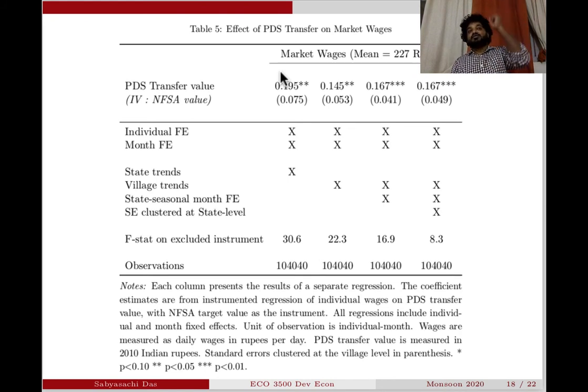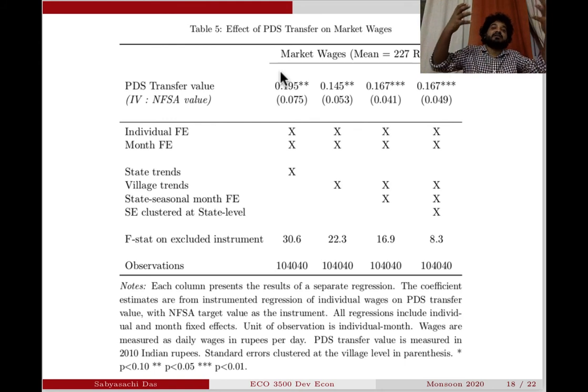So it reduces labor supply by only 0.63 days, but it increases market wage by 20 rupees per day, right? So this change in subsidy value by about 100 rupees, you can imagine, had an enormous additional increase in wage income, because they're reducing labor supply by only a tiny amount, but they're getting a higher wage otherwise.